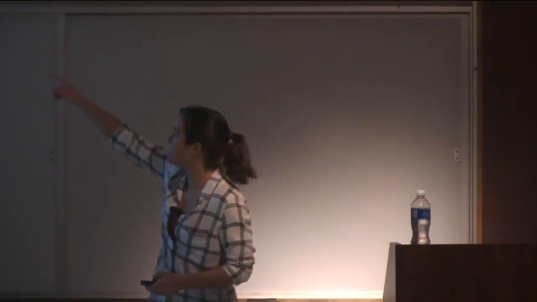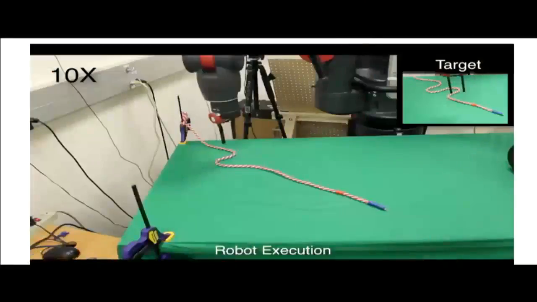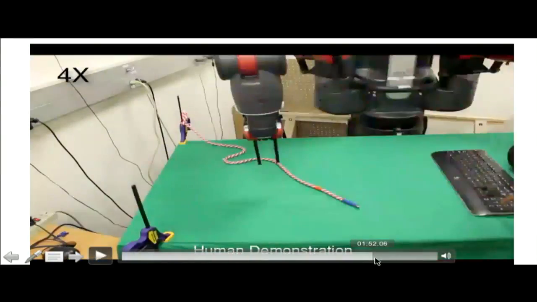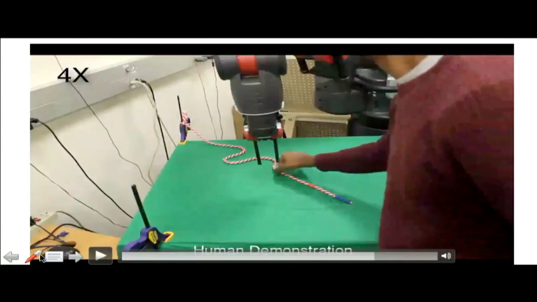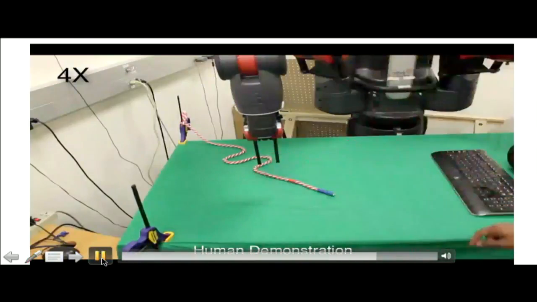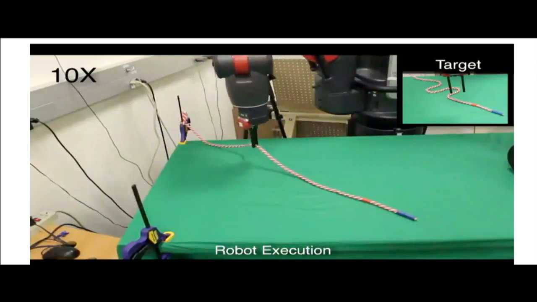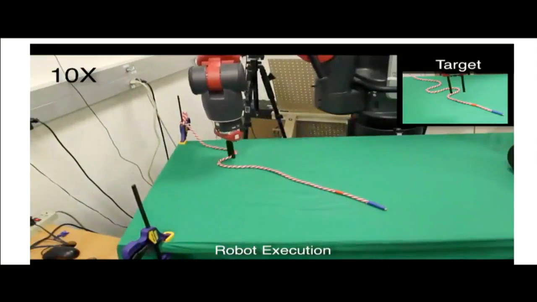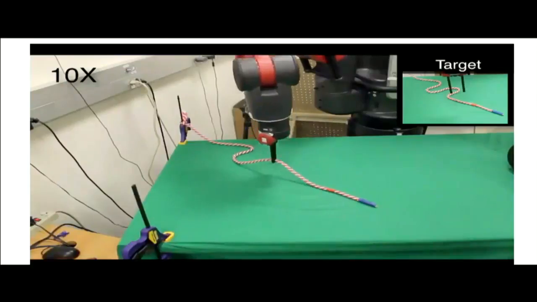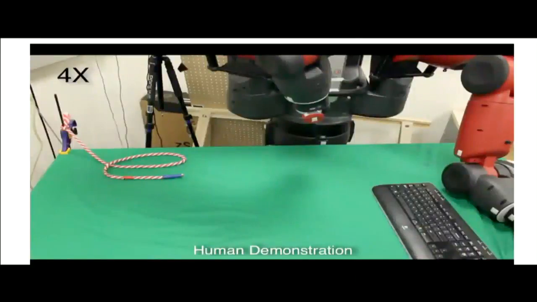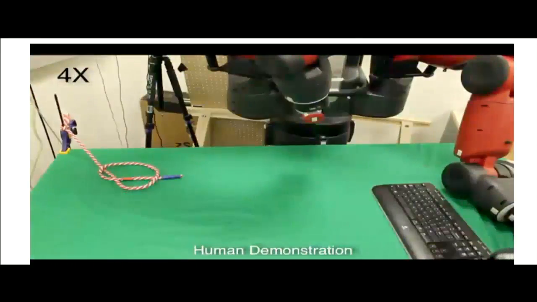So for example, here's one of the, this is during robot execution. In the top right it shows the intermediate goals. And I guess that's only showing the final goal. But during the task, it sees the image without the human hand in the scene from the robot's perspective.